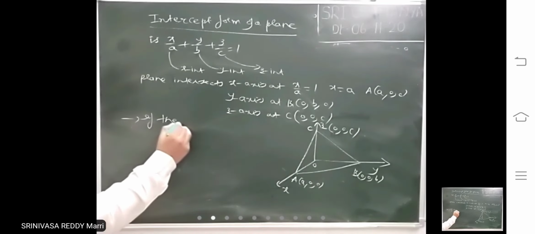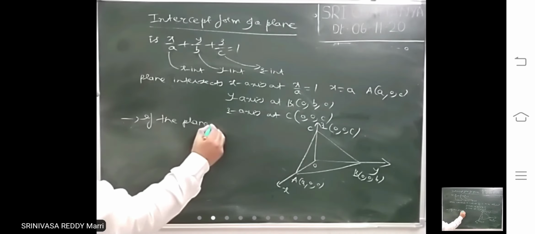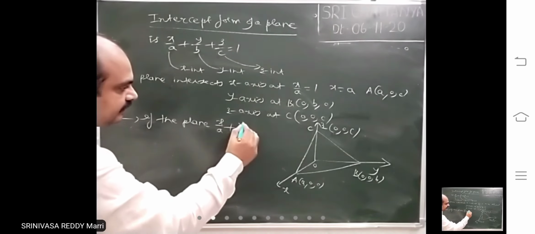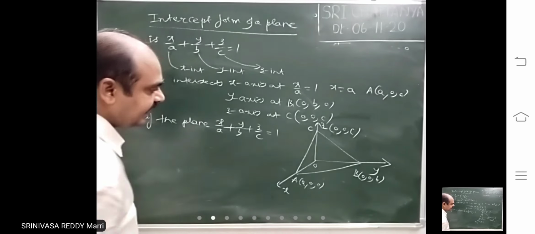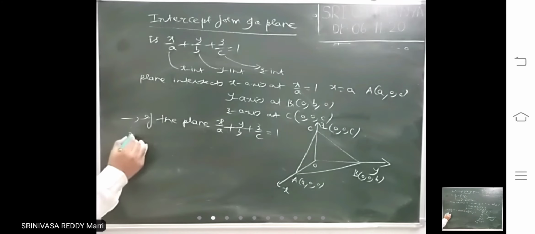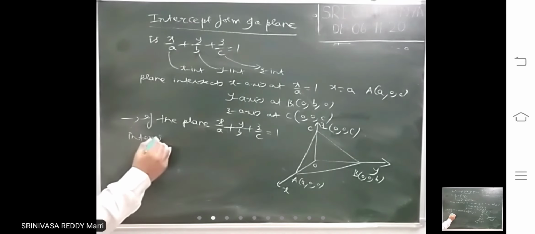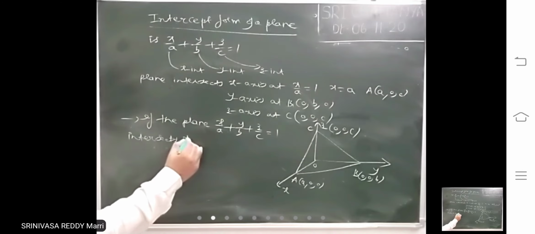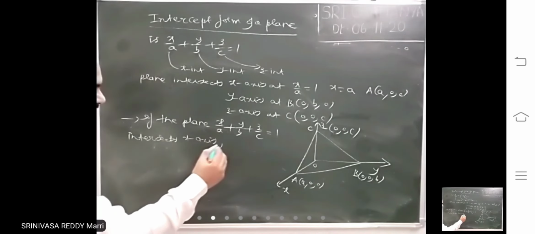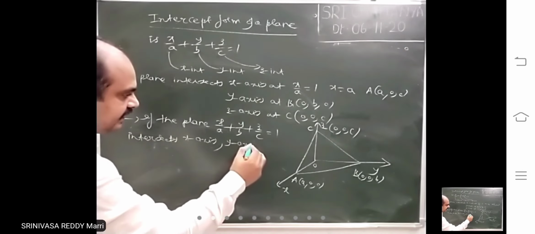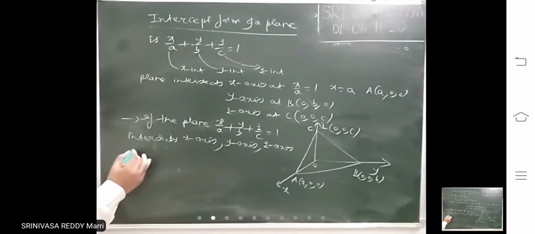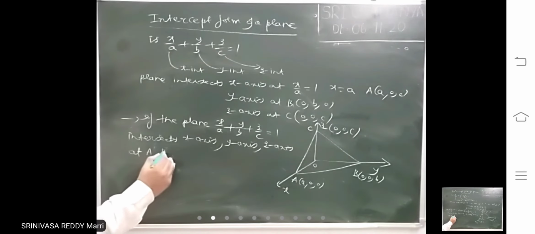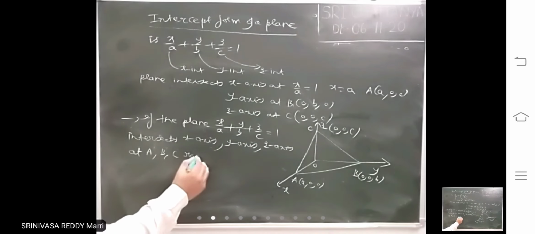Important formula: if the plane x by A plus y by B plus z by C equal to 1 intersects the x-axis, y-axis, z-axis at A, B, C respectively.